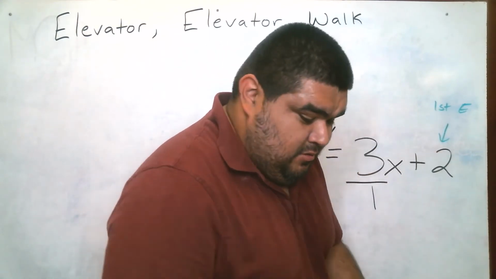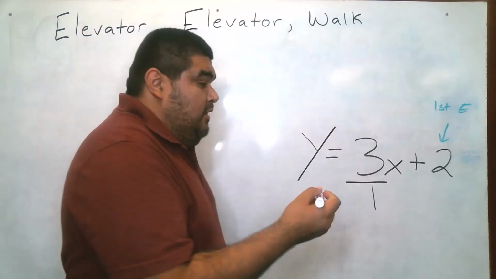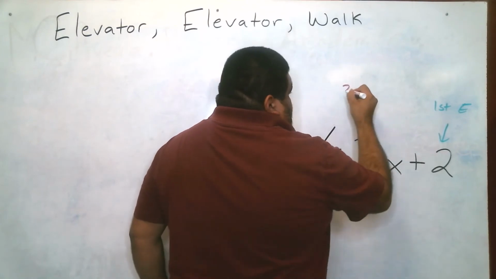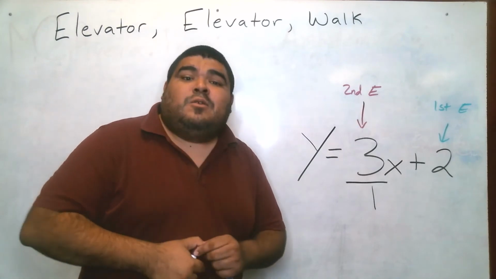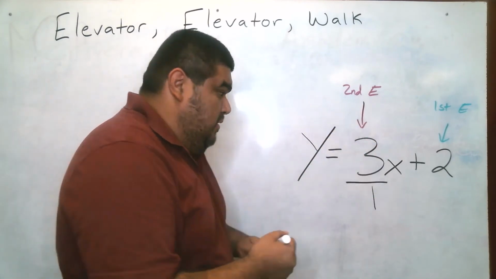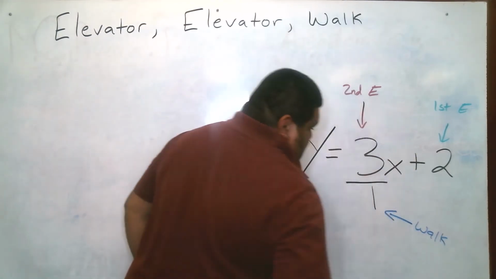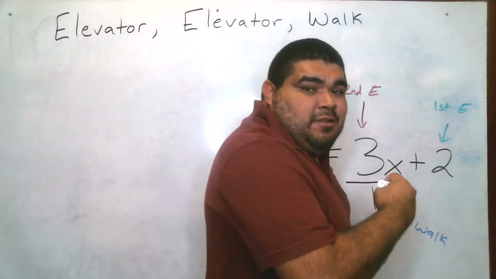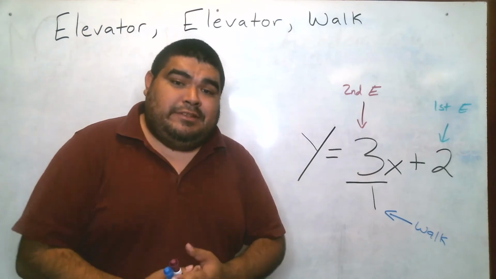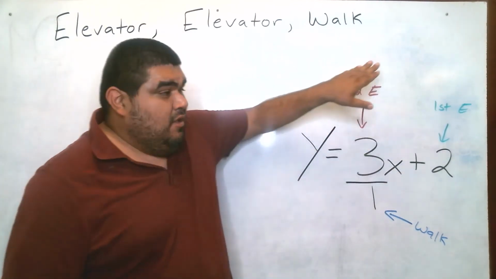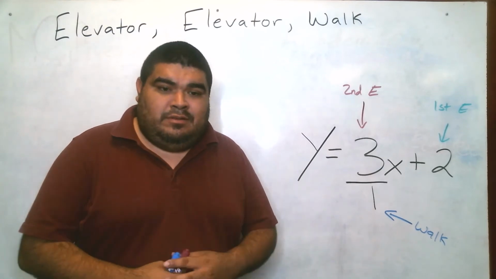So now it's our turn. We're the second button or the second elevator in this case. So this is us. So second elevator, because we're on the wrong floor. And then we need to get off of the elevator. So we're going to walk off the elevator. In this case, we're going to walk 1 off the elevator. So now that we have it labeled, we can actually graph it. Remember, elevator walk. So now let's graph the equation.